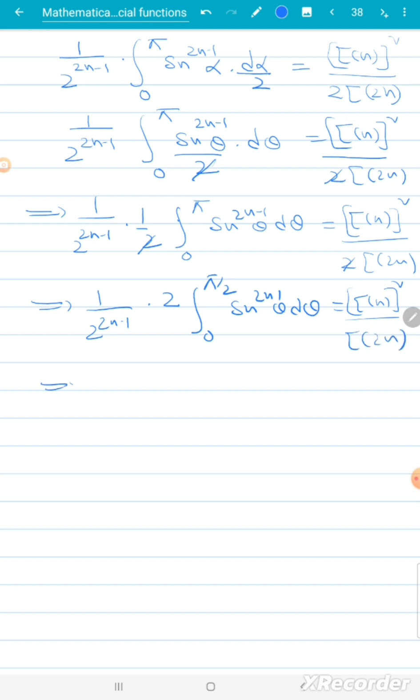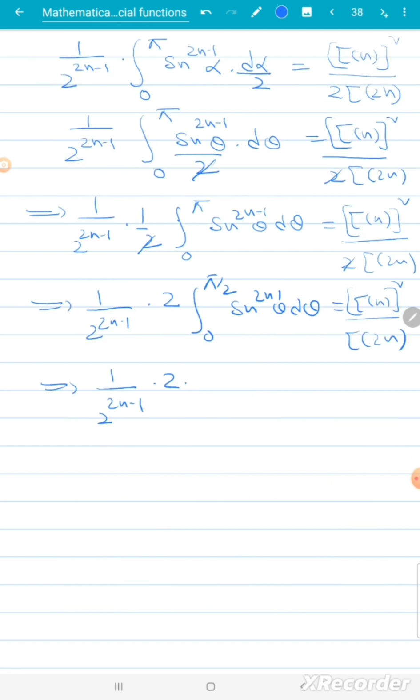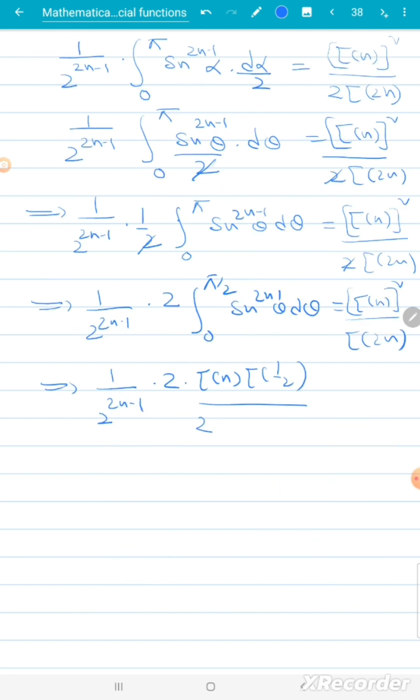So this implies that 1 by 2 to the power of 2n minus 1 into 2 integration 0 to pi by 2 sine 2n minus 1 theta d theta equals gamma n into gamma of n plus half, which equals gamma n whole square by gamma of 2n.